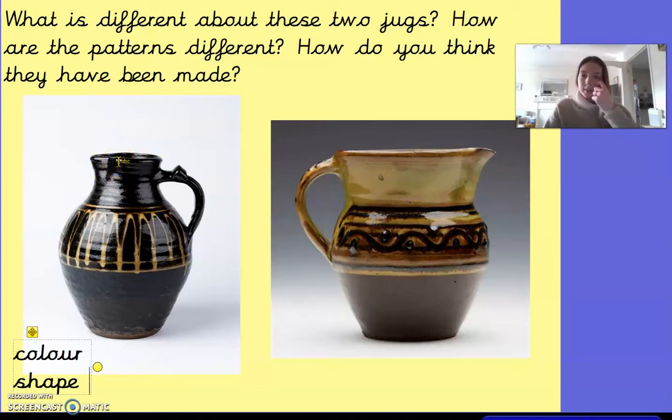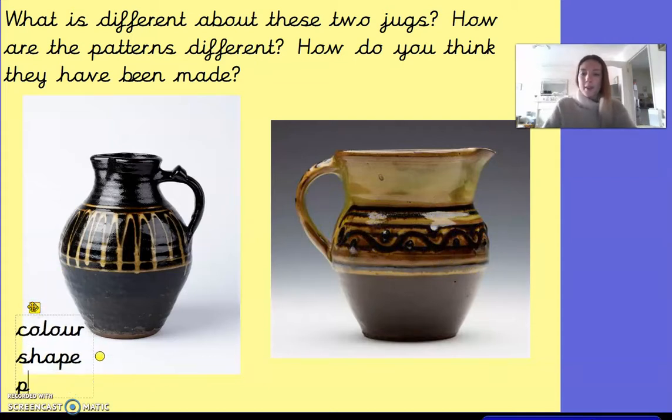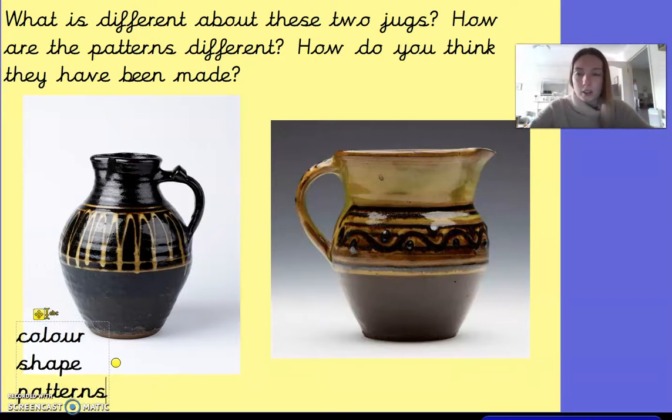But in terms of the patterns, I can see that this one here has some patterns which are going up and down vertically across the jug, whereas the pattern on this one is a horizontal going across the jug, and they've used some dots as well as some horizontal lines, as well as that swishy line that we can see here. So the colour, the shape and the patterns are all different on these jugs.